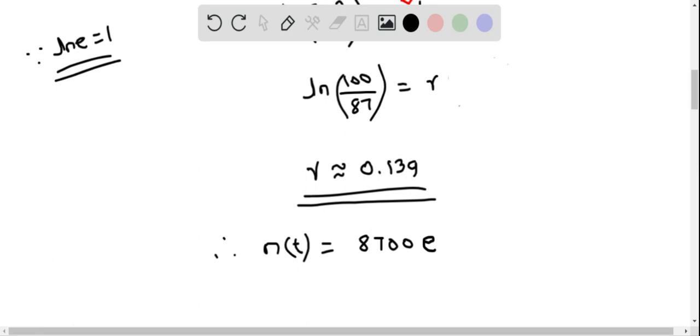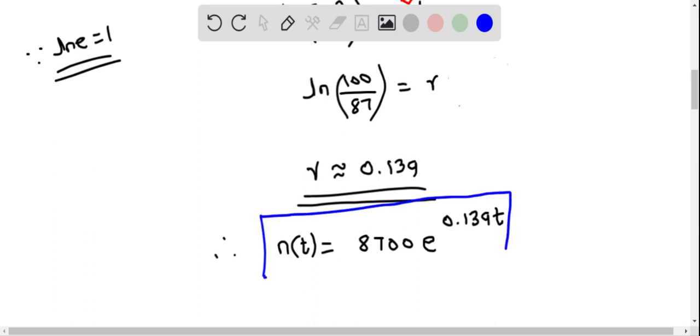So now plug in the value of r. So it becomes 0.139 t. This is the function which represents the number of bacteria after t hours. And this answers the part A question.